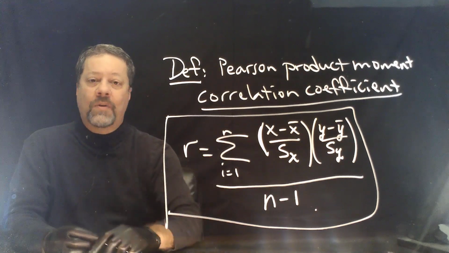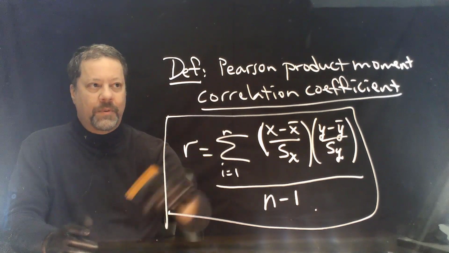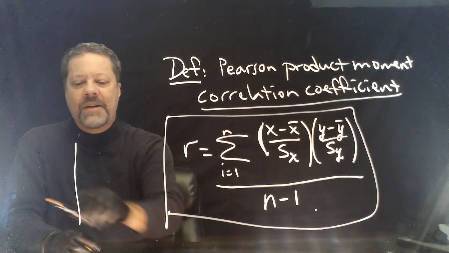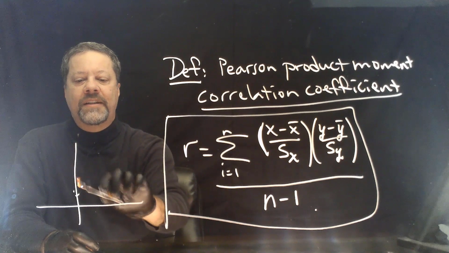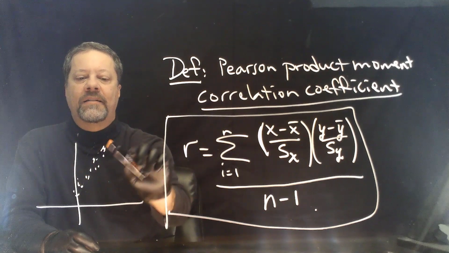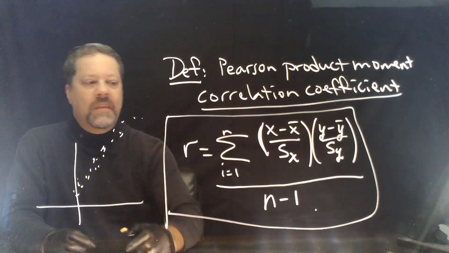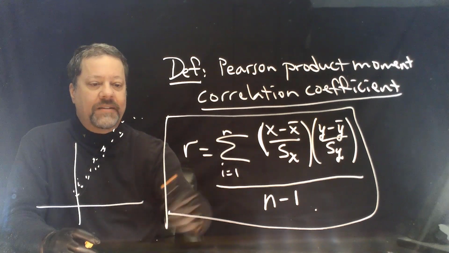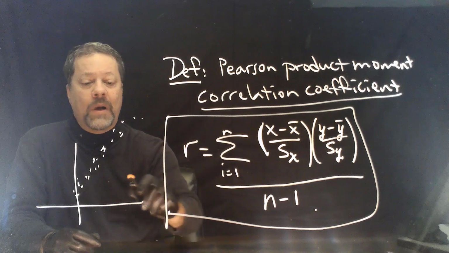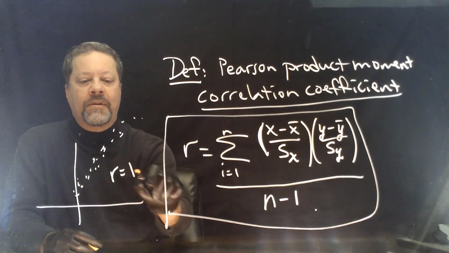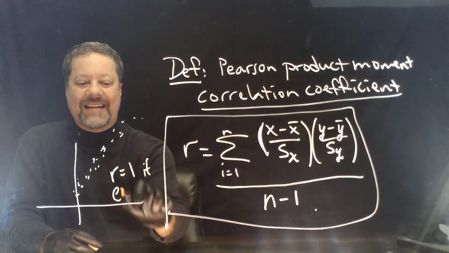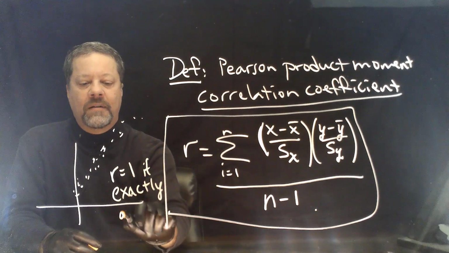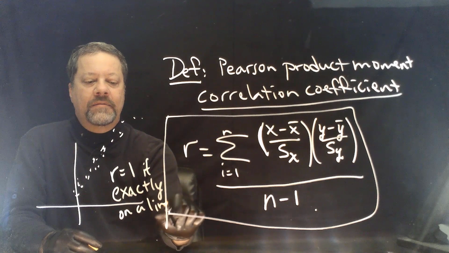So what does the correlation coefficient, which we'll refer to informally, what does it measure? It measures the tendency for the data to lie on a line. If the data lies exactly on a line, it turns out that the correlation coefficient will be 1. R equals 1 if exactly on a line.